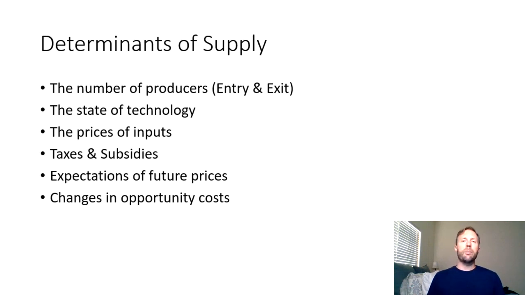So simple example, imagine that you are a farmer and you could either be raising wheat or corn. Okay? And right now you are raising wheat. Well, suppose that the price that you could sell corn at goes up by 10% or 20%. Now, even though nothing's happened to your cost structure of producing wheat, your opportunity cost has gone up because now if you were raising corn, you could sell it at a more profitable price than you could have in the future.